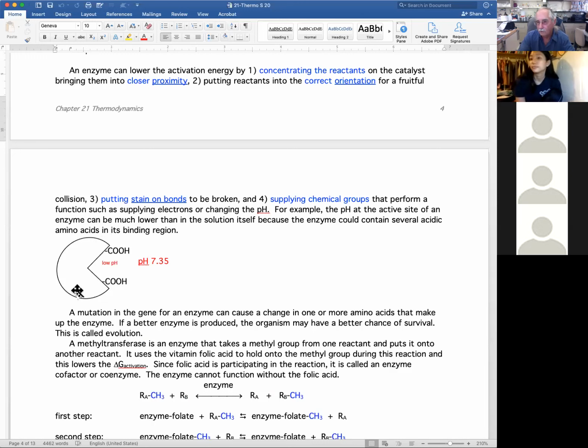What if another lizard subspecies comes in, it's in competition for food and everything else with this other existing lizard, and it has an enzyme that binds its reactants stronger and makes the reaction go faster? That could very well give an advantage to that new subspecies of lizard.